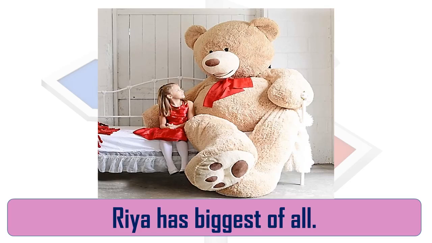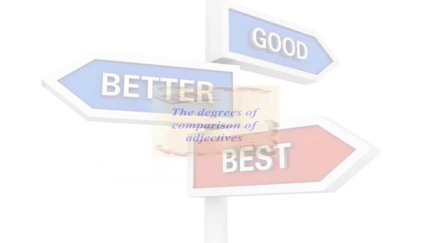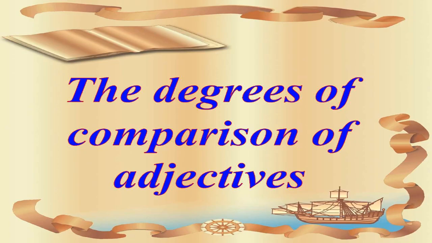See children, here we have selected one thing, that is a teddy bear, and these three girls have different sizes of teddy bear, and we are comparing the sizes of these teddy bears. It is known as the degree of comparison of adjectives. Here we have chosen an adjective, big.